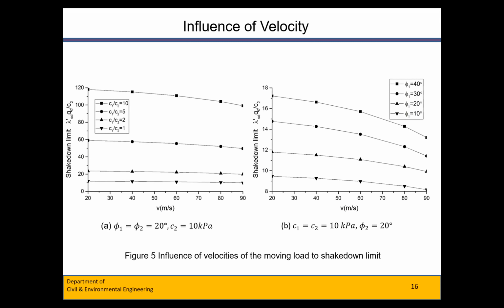I'm sorry, Doctor, could you please repeat your question? The question was about the shakedown limit decreasing when the velocity is increasing, like the slide shows here. It made me wonder, because when you have a viscoelastic material like pavement or soil, when it's loaded quicker, it normally has a greater strength. So wouldn't you think that would increase the shakedown limit? That's my question.